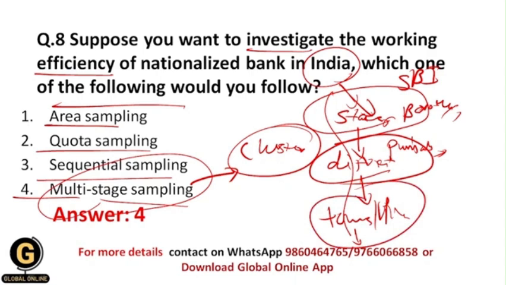Okay, now I have explained what area sampling is and what quota sampling is. Now, what is sequential sampling? As the name suggests, it is sequential, so it includes a lot of sequences.